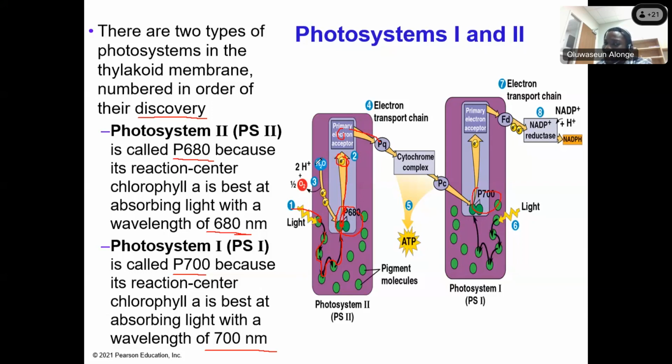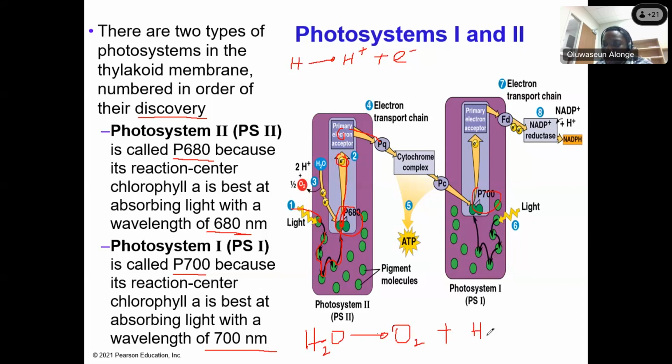The light is going to split the water molecule that is here into oxygen and hydrogen. Anytime you see H, don't forget, hydrogen is equal to H plus and E minus. So the water molecule was split into O2 plus hydrogen.